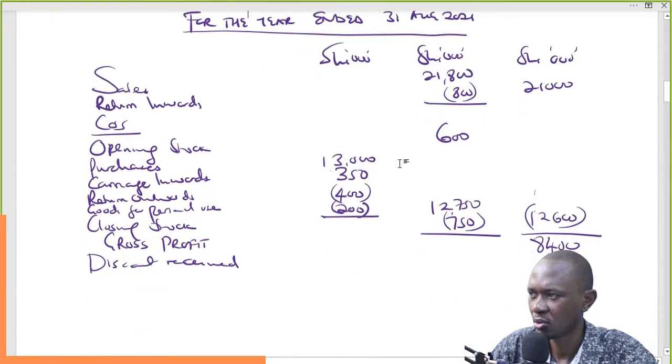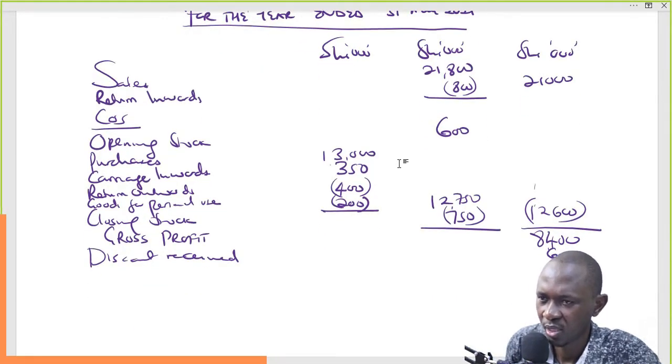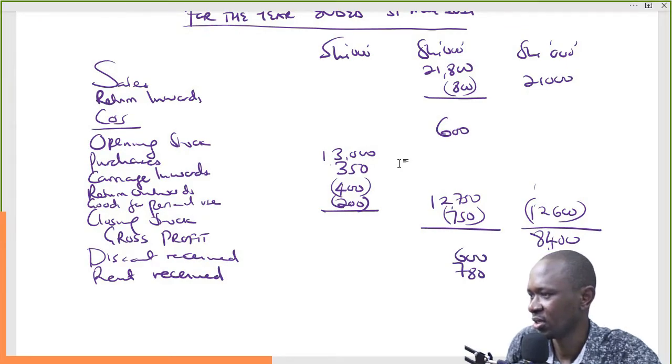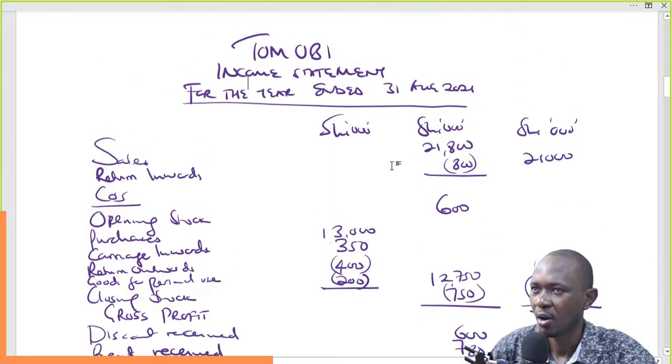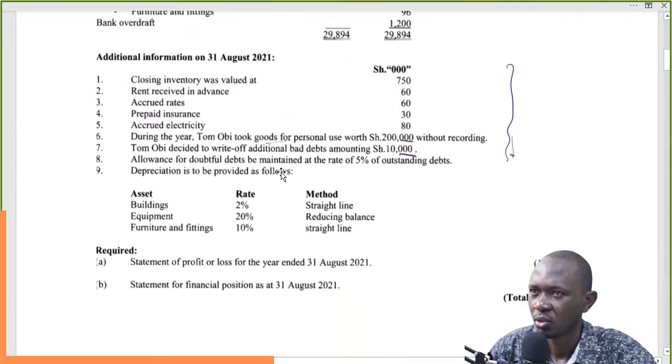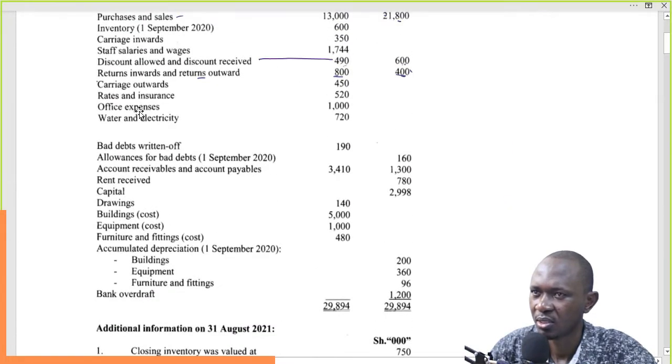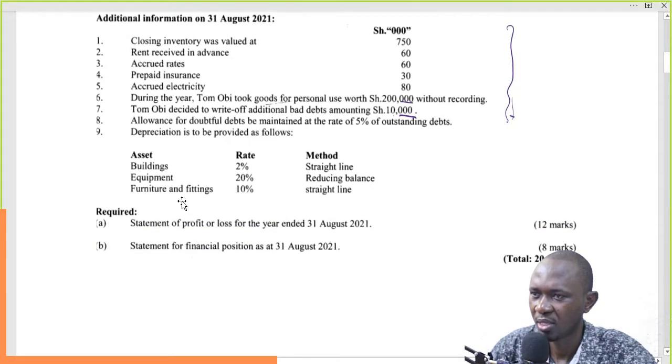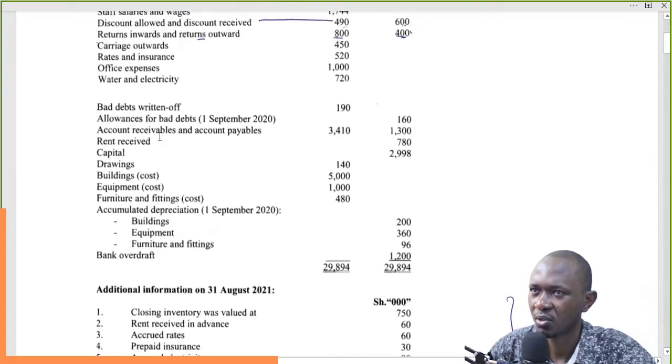So that one also is supposed to be captured there. Rent received. In fact, now that we have two, the best is to add them in the inner column, and then we'll take the total back to the outermost column. So rent received 780, and there's some workings on rent received, so we'll come back to that.